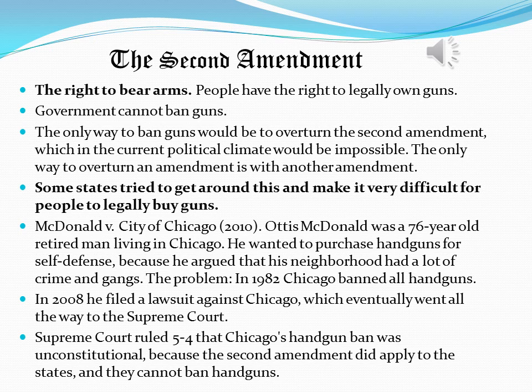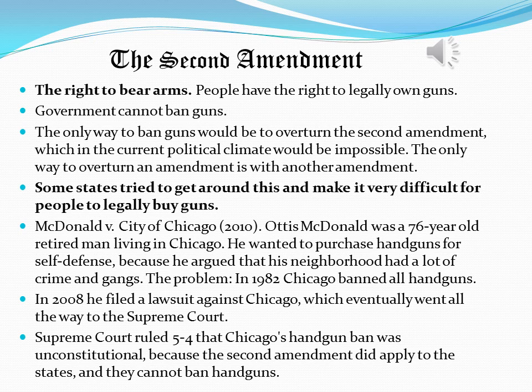And they cannot, state or city, ban handguns. Chicago tried. It succeeded for a while, but eventually their ban was overturned.